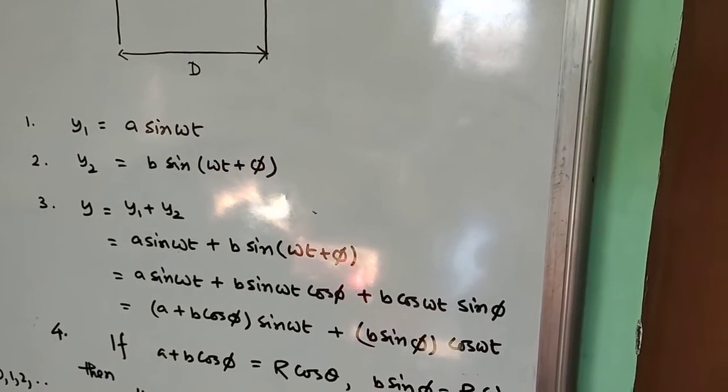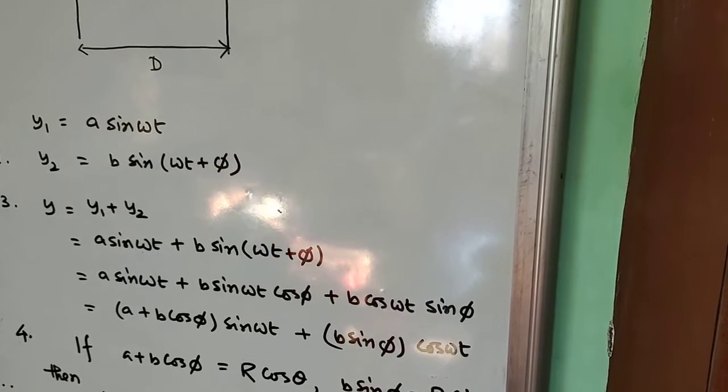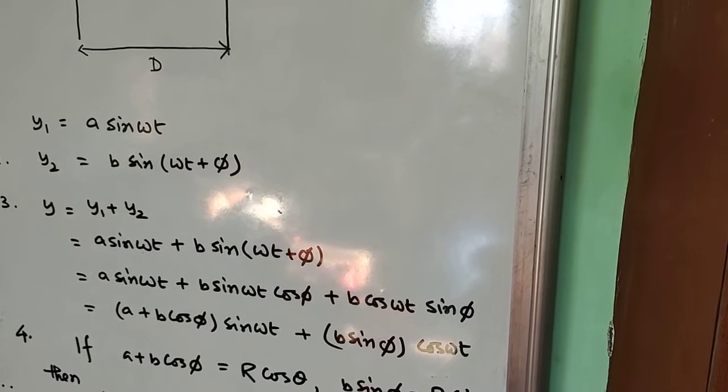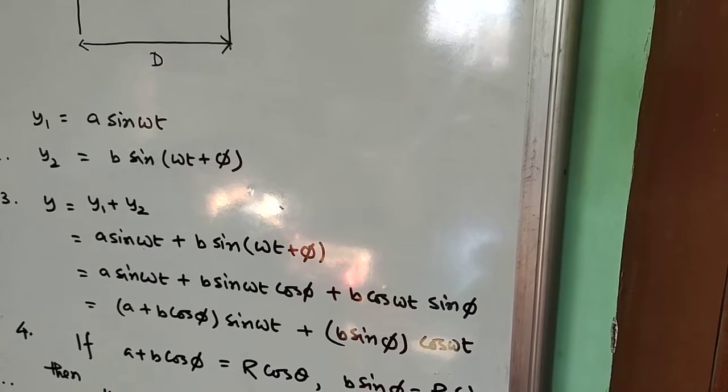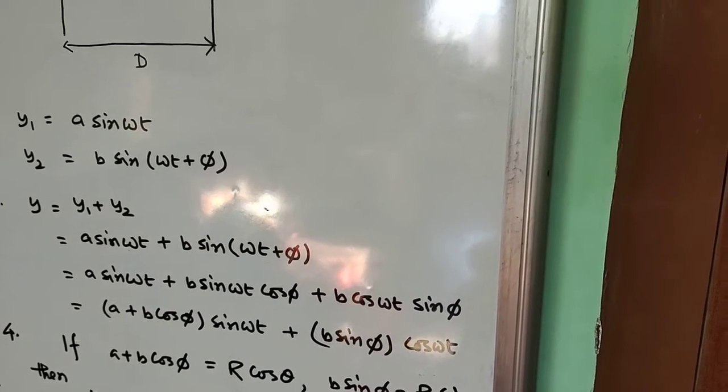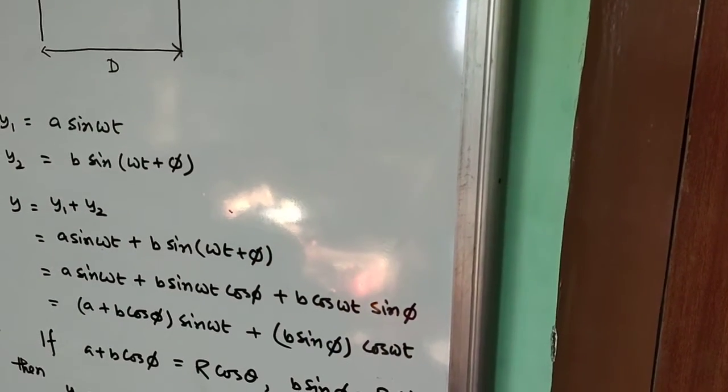So y1 is A sine omega t, y2 is B sine of omega t plus phi, which can be expanded: B sine omega t cos phi plus B cos omega t sin phi. That is the sine of A plus B formula we have used.